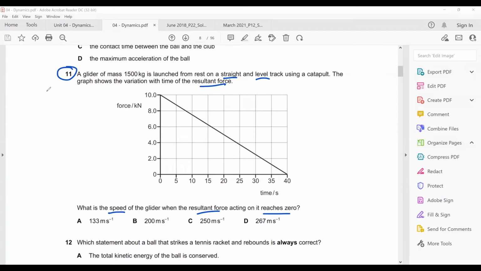So what can you find from here? What do you think you want to use here?